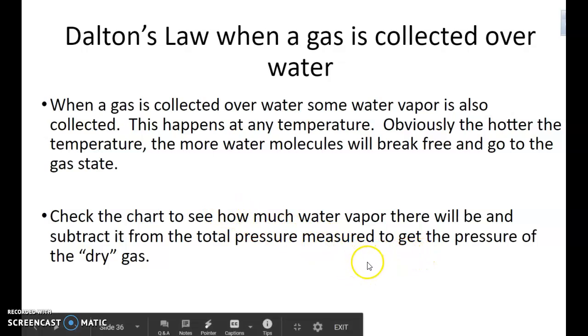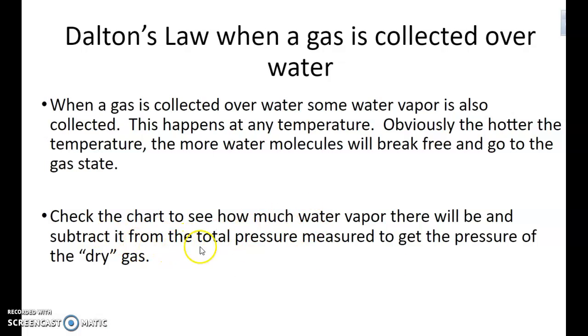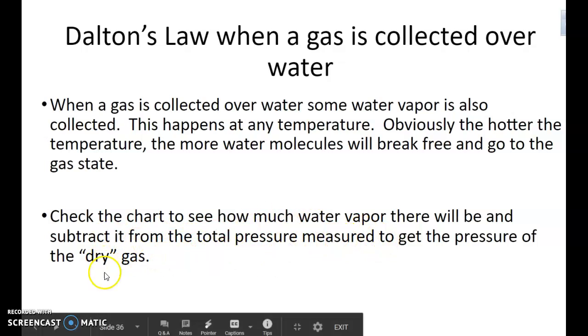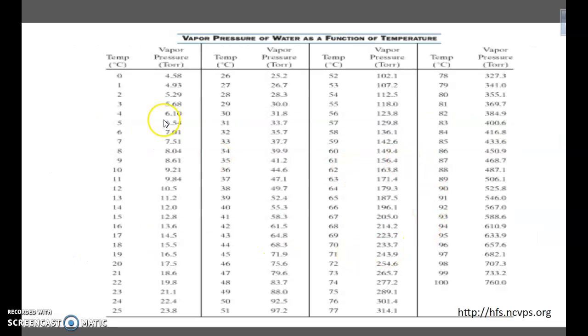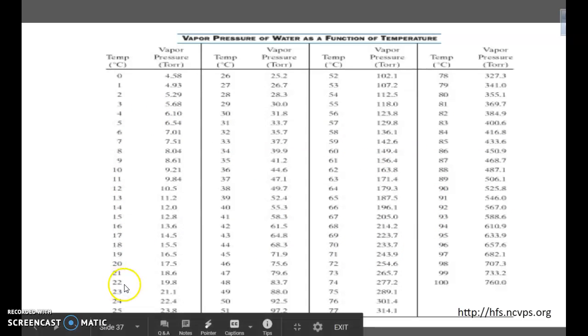So we're going to use this next chart here, and I would print it out for you, but unfortunately we're not together here this year, so you will have to refer back to this. We're going to subtract the water vapor pressure at a given temperature from the total pressure to get what's called the pressure of the dry gas alone. So let's say we're running this at 22 degrees Celsius, which is pretty common.